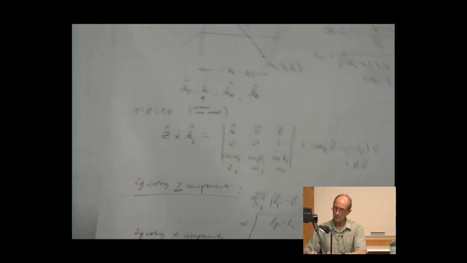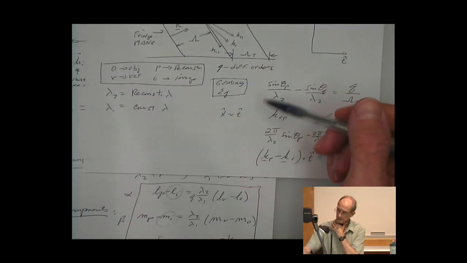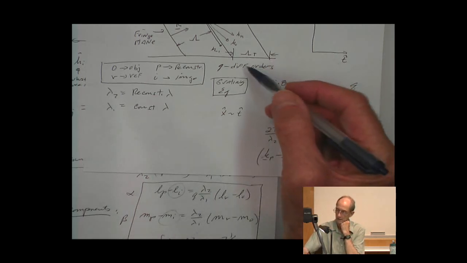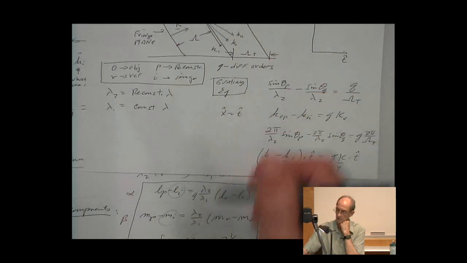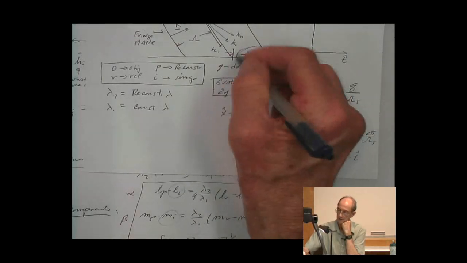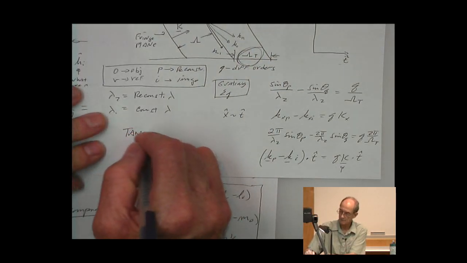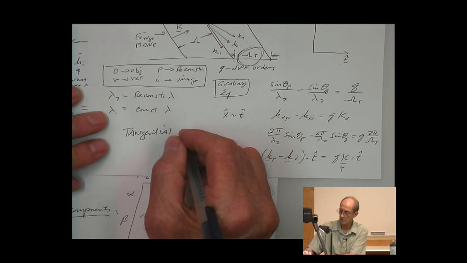So let me emphasize again what we have done in this derivation. The important component for determining the ray directions is this guy right here, that tangential grating or period component.